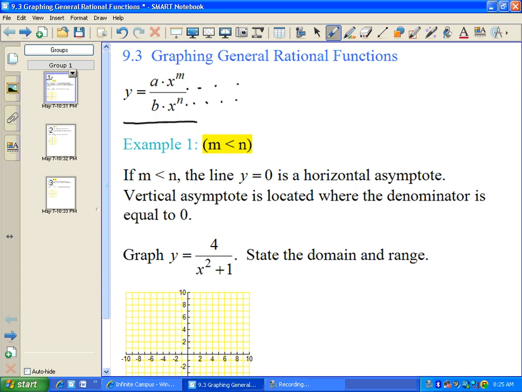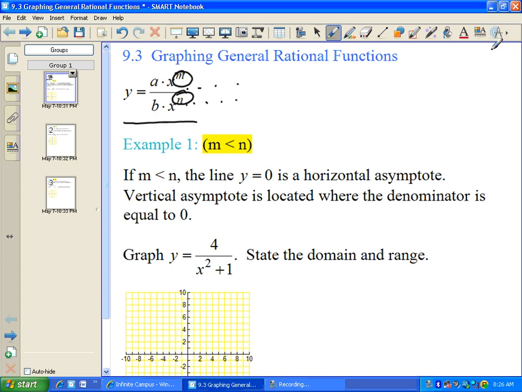When I look at this, I want to look at my leading coefficient for the numerator and the denominator. For each of these, I have 3 possibilities. My numerator, the top number, is larger than the bottom number, the denominator. They're the same, or the top number is smaller than the bottom number.